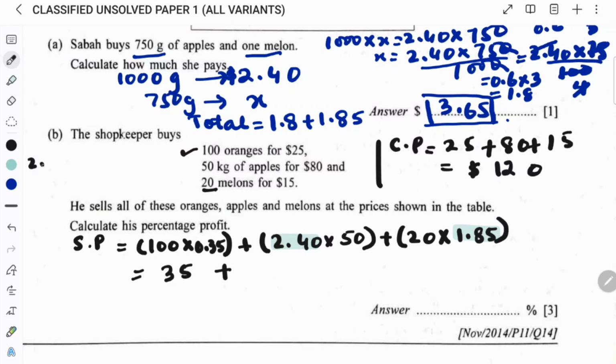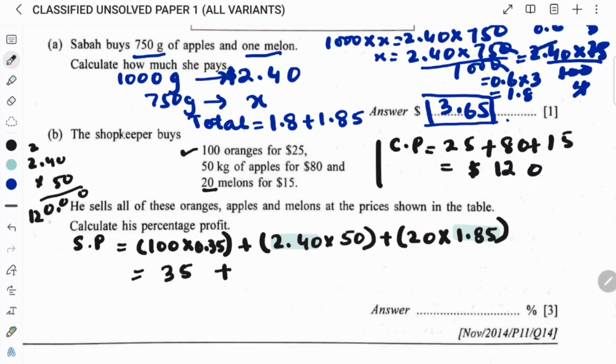So 2.40 times 50, this is 0 times 0 is 0, 5 4s are 20, and 5 2s are 10, 11, 12.